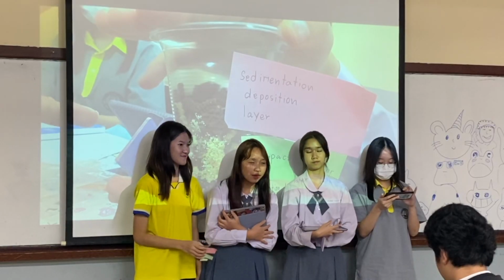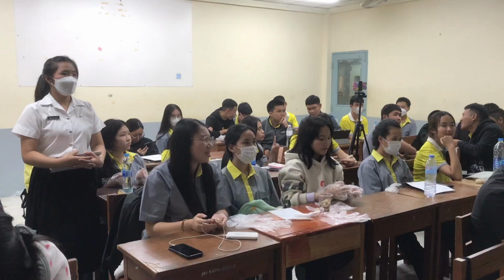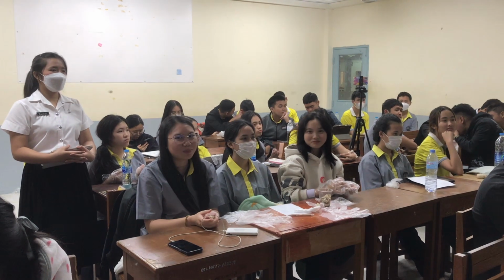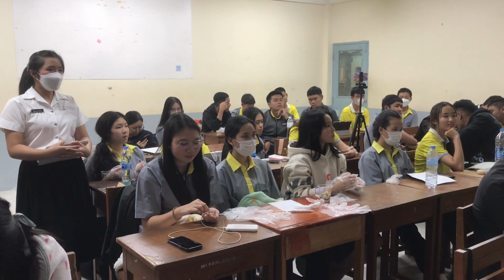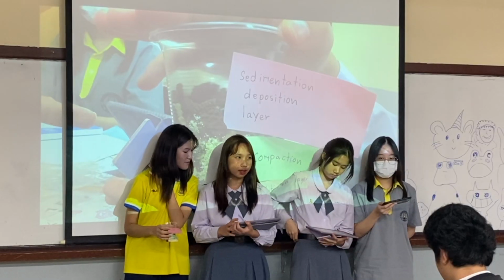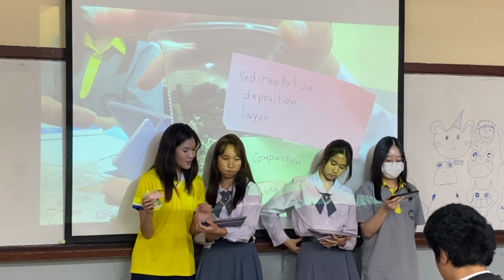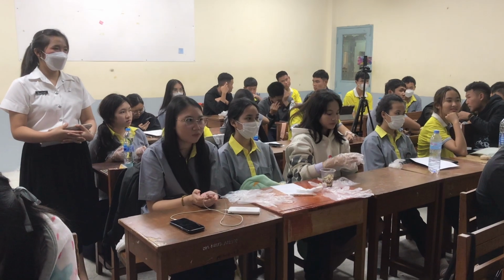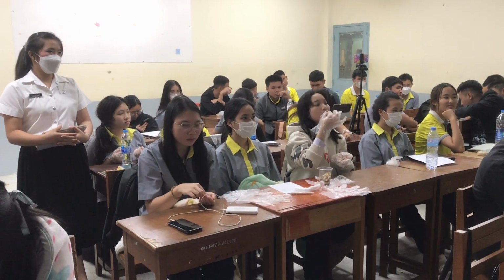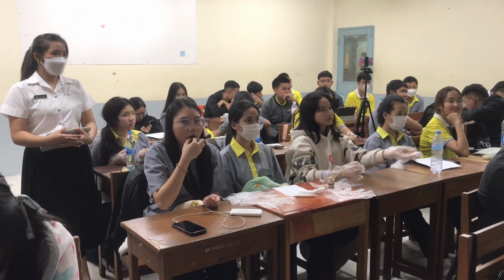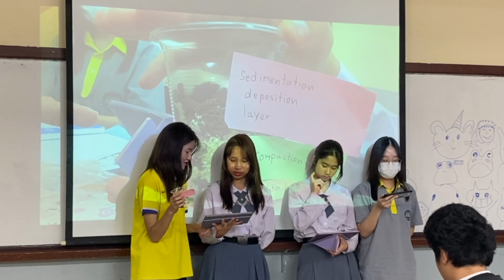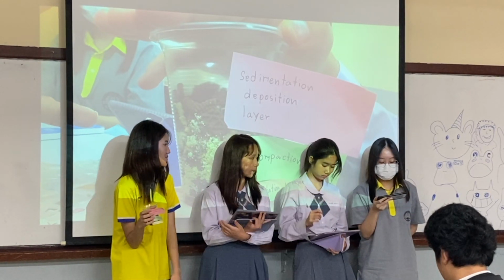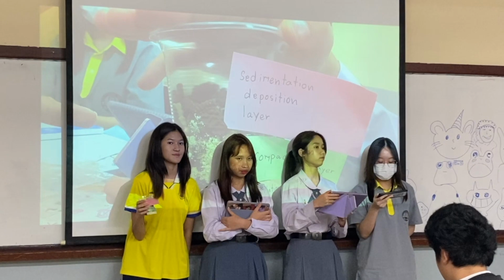Good afternoon, everyone. We are the next group. After we finish our experiment about the edible sedimentary rock layers, our model is composed of 3 layers. The first layer is the sedimentation or deposition layer. The second layer is the compaction layer.